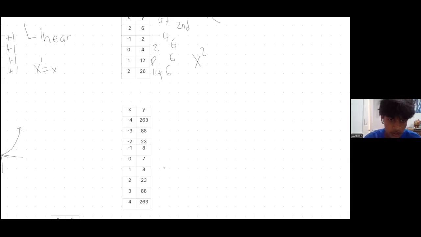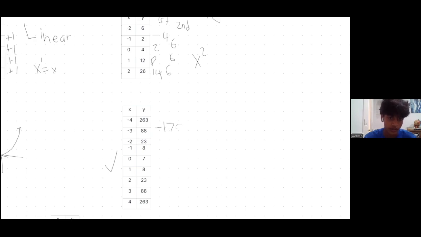Okay, x values -4, -3, -2, -1, 0, 1, 2, 3, 4. They're increasing consistently, so we can check off the x values. Now let's look at the y values and their differences. First, 88 minus 263 is -175, that's our first difference.